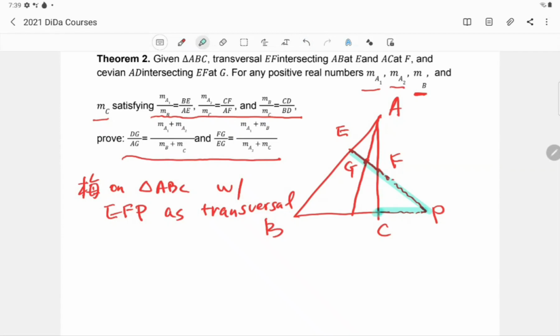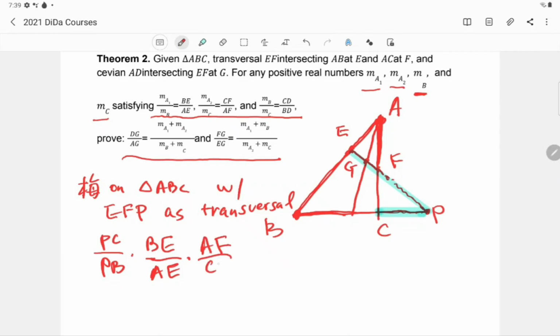I start with C. C to the intermediate point P on the side BC, so it's PC, and then intermediate to vertex PB, times vertex to intermediate BE over intermediate to vertex AE, and then vertex A to intermediate F, AF over CF, and then intermediate to vertex again, is equal to 1.